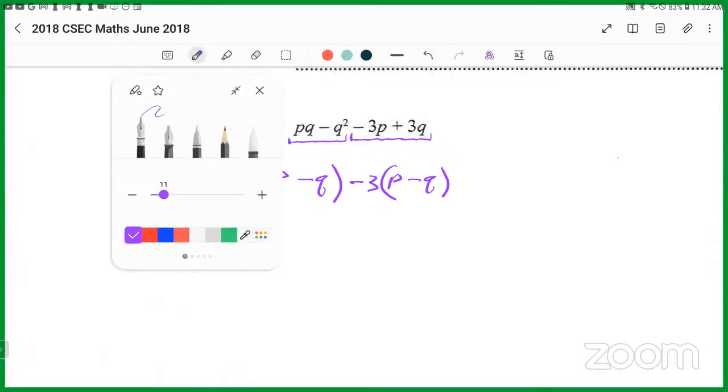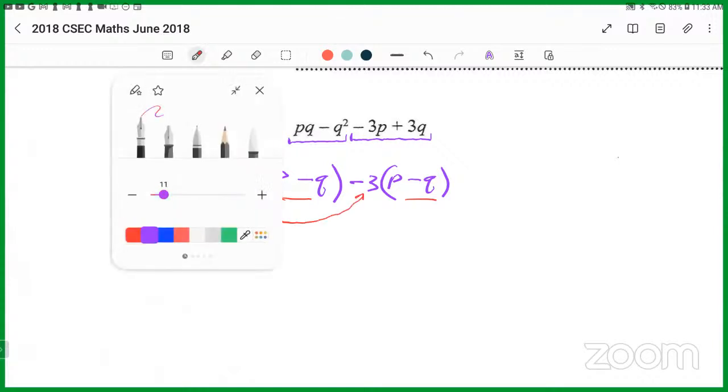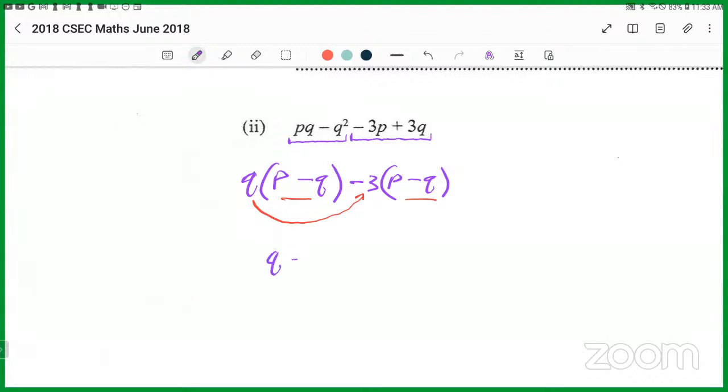And as I said, don't stop there because this can be factorized further. If you stop there, you're going to lose marks. The question said completely. P minus q is now a common factor. And they are being added with this q and this -3. So you're going to put them all together. So it's q minus 3 times the common factor of p minus q.